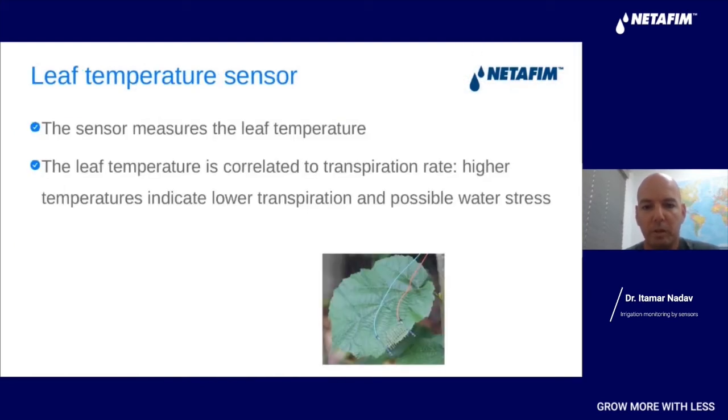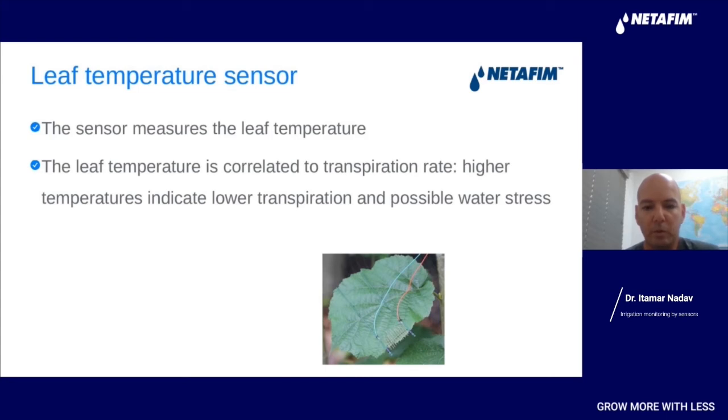And another sensor that we have that can be used for several reasons is leaf temperature, which measures continuously the leaf temperature, and the leaf temperature is correlated to transpiration rate. Higher temperature indicates lower transpiration and possible water stress.